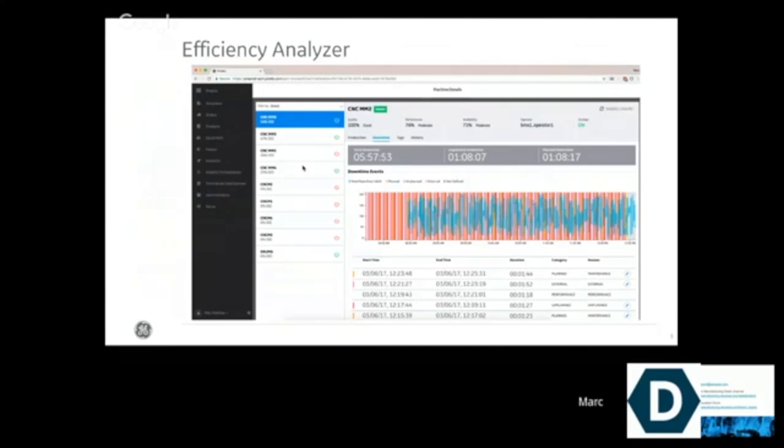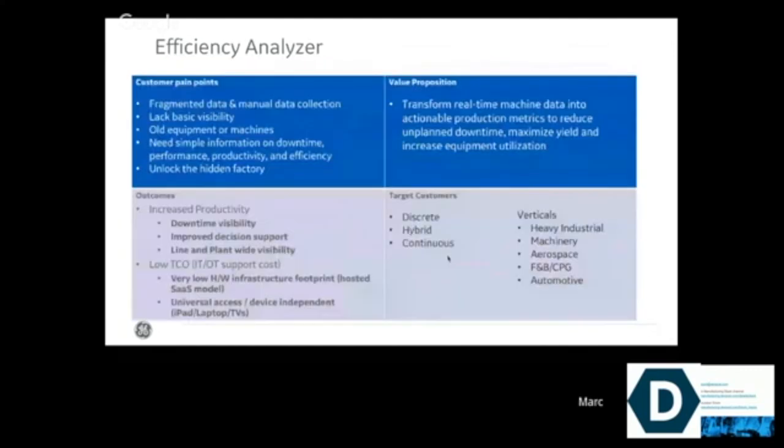The other thing I'd add is that all of this is looking at the history, but what manufacturers really want, I don't necessarily want to know why my machine went down last hour. I want to know what is going to keep it from going down in the next hour. So any of those predictive analytics based on history that we could do would be great.